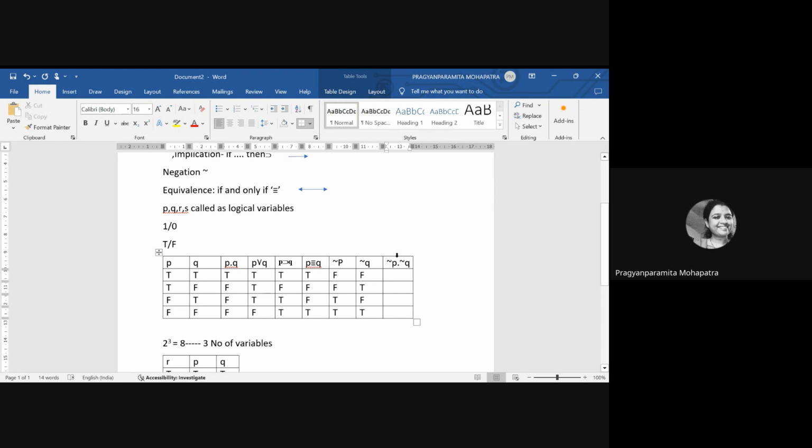False, false, false, true. Very good. Clear? Yes, this is the truth table.